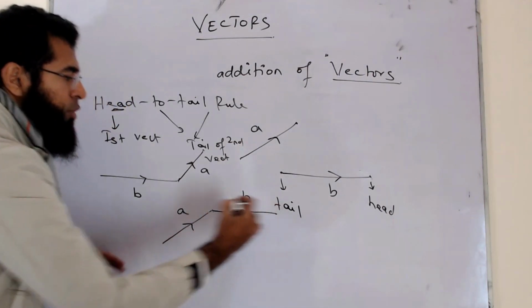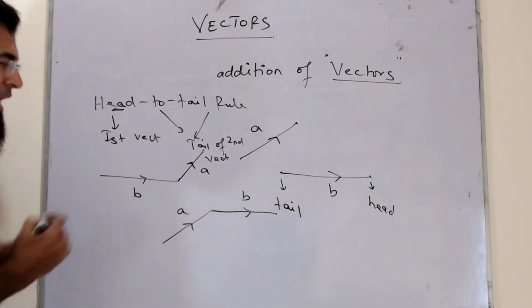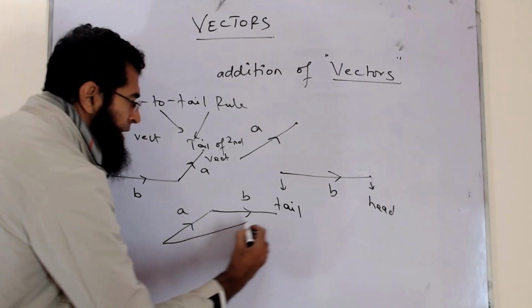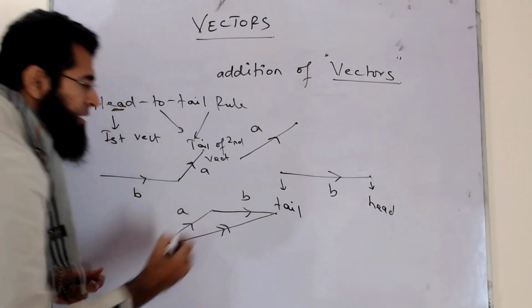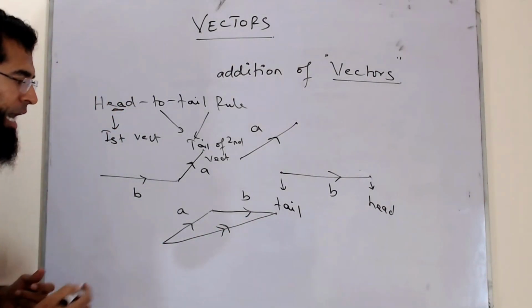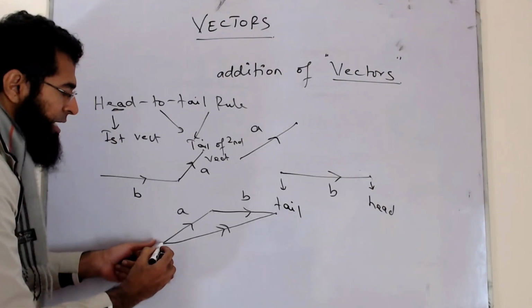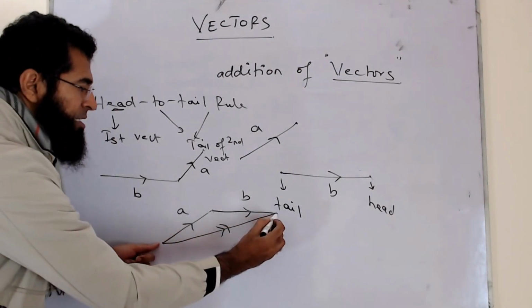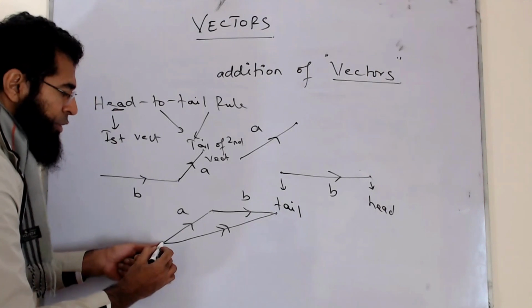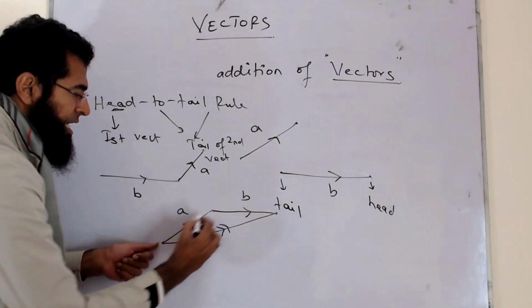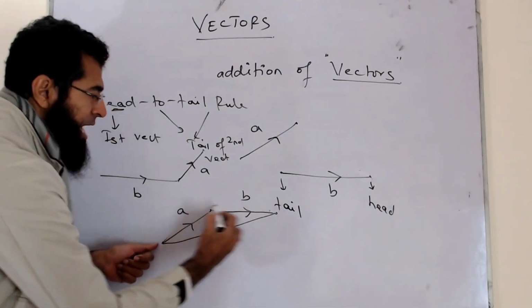So that is how you add the two vectors, and the addition will be, this would be the, you can say, the resultant, and the answer you write is, because this is the starting point, this is the ending point. So you want to finish it. So this is A plus B, because the directions are same.